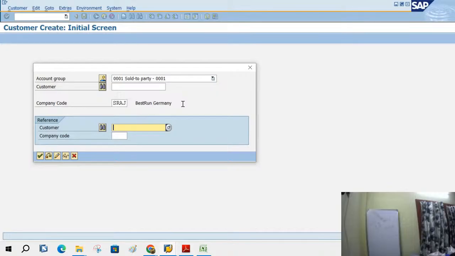In that, step 1, define company. Step 2, define company code. Step 3, assign company code to company.